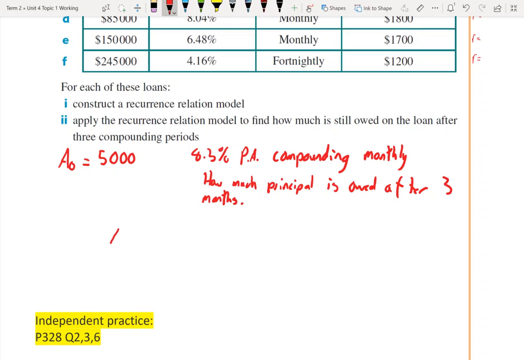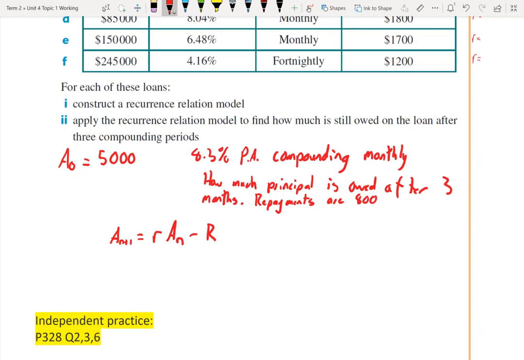The next amount of money that is going to be remaining in that account is equal to my interest rate times the current amount of money in that account minus my repayments. Which reminds me, I didn't say how much I'm paying back each compounding period. Let's say the repayments, the amount I'm paying back, are 800 per month.